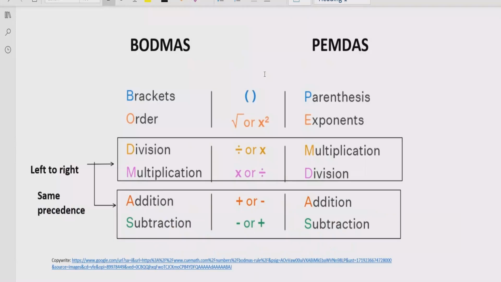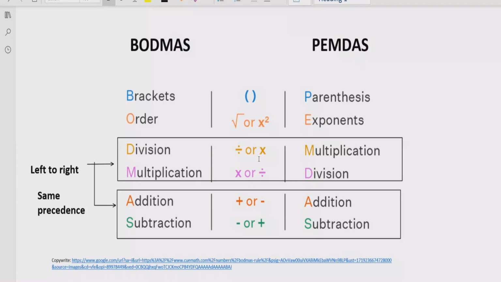So now let's talk about the rules which we can follow to solve the given expression. As you can see, we will discuss two rules here, BODMAS and PEMDAS. These rules we can apply to solve the given expression and any arithmetic expression. The rule says if your expression contains any bracket or parenthesis, you have to solve that part first. After the bracket, you have to look for the power of any number, so you can solve that part after the bracket.